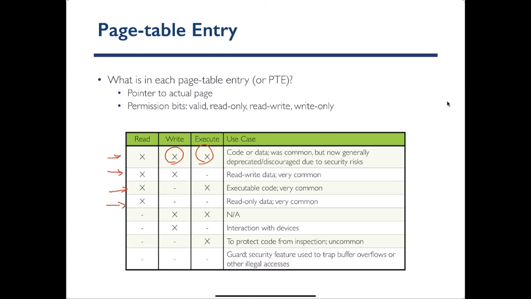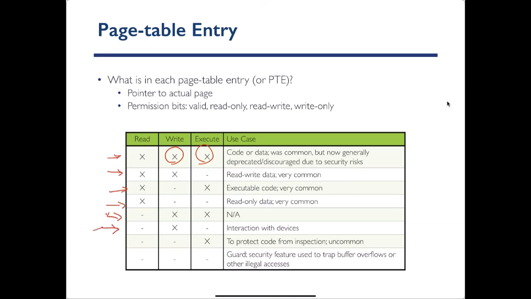But let's say, I don't know, when you share a data that you want to keep it protected, not allowing others to change that data, you can just make it read only. Write execute is never used.